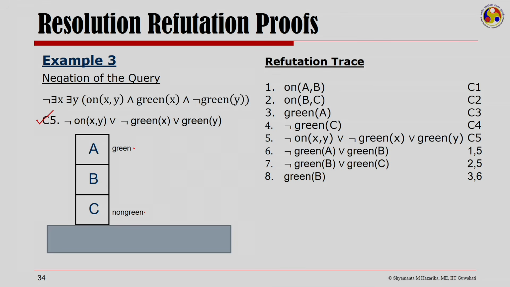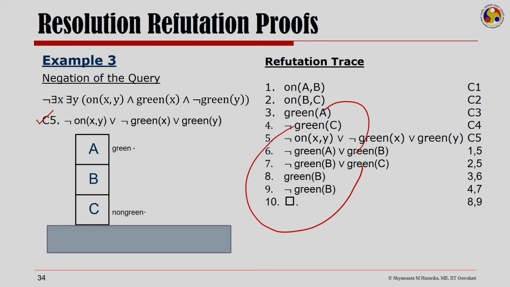Then I resolve statements 7 and 6 with 3 and 4 to give me two statements. So I can take 6 and resolve with 3, that will give me green B, and I can take 4 and resolve with 7, that will give me not green B, and that could lead to a contradiction.